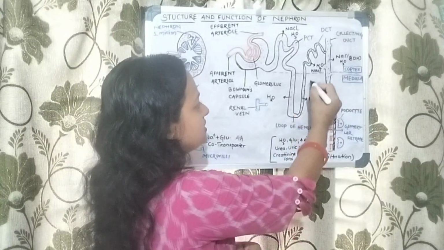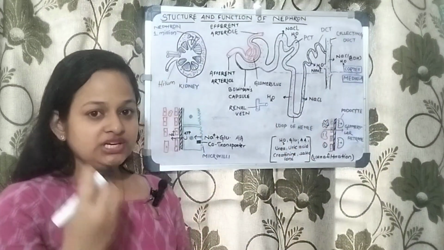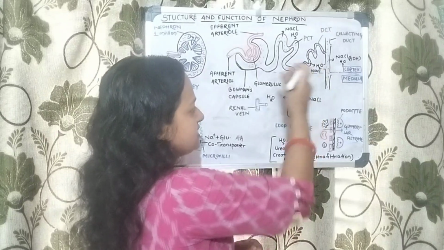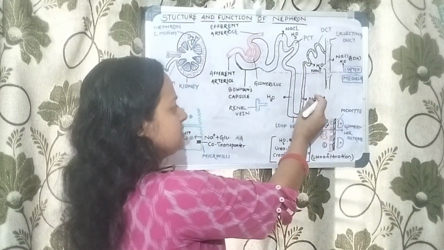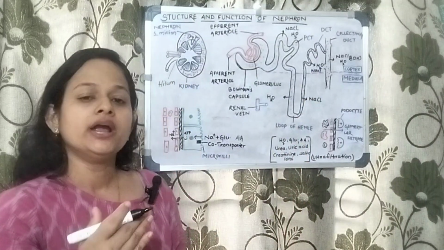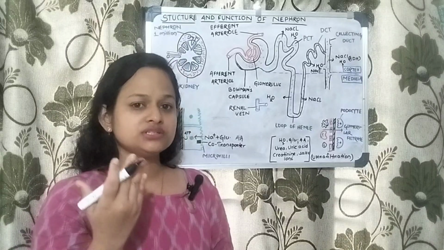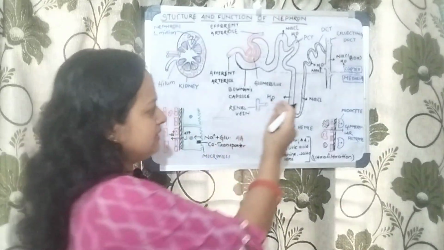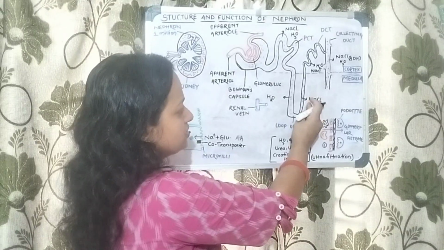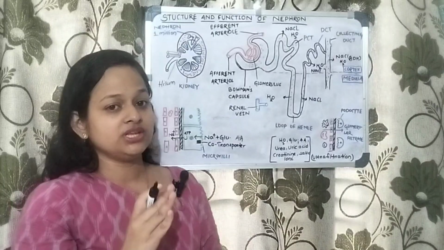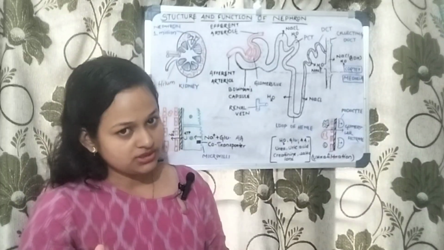Again, when the filtrate comes to the ascending limb, this part is impermeable to water and permeable to only the salts. So in this part, again the salt, sodium, will be reabsorbed into the blood.